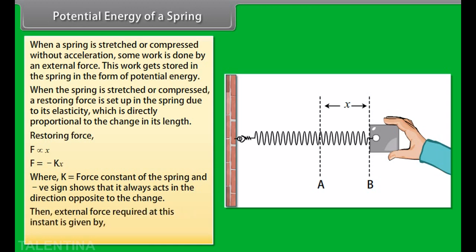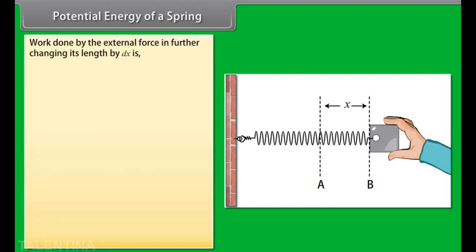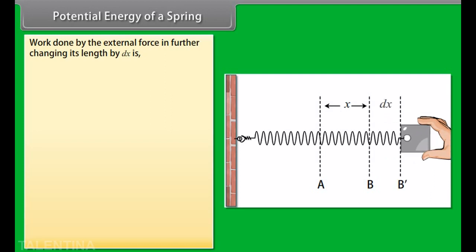Then, the external force required at this instant is given by F = kx. Work done by the external force in further changing its length by dx is dW = F·dx, or dW = kx dx.